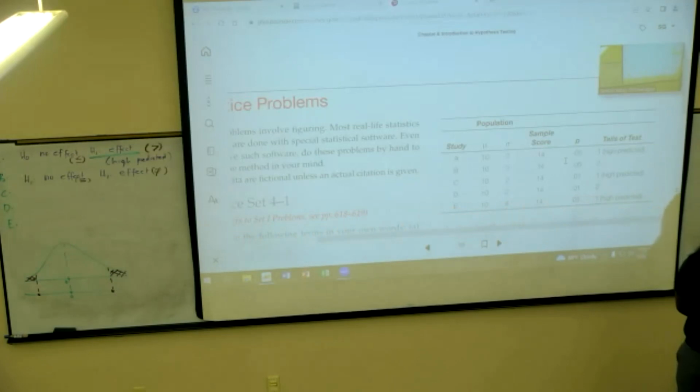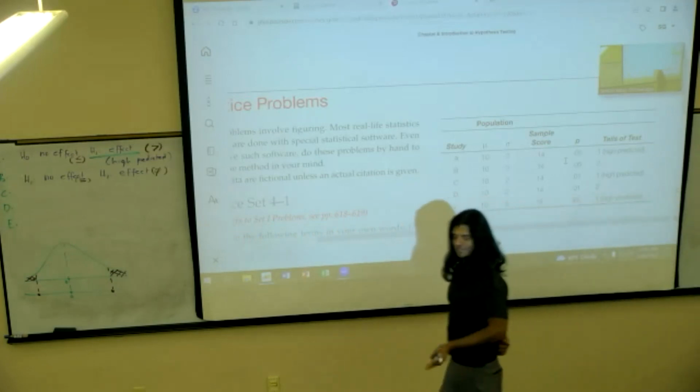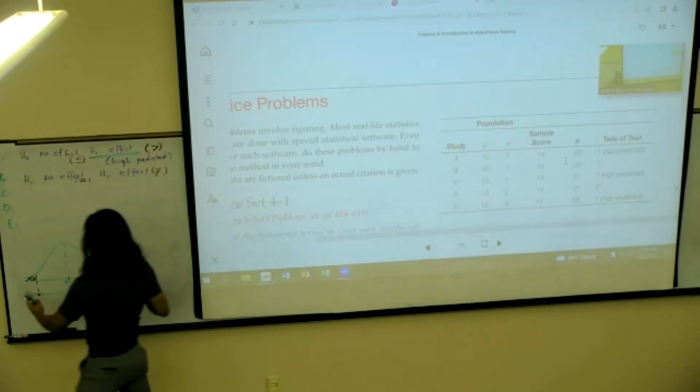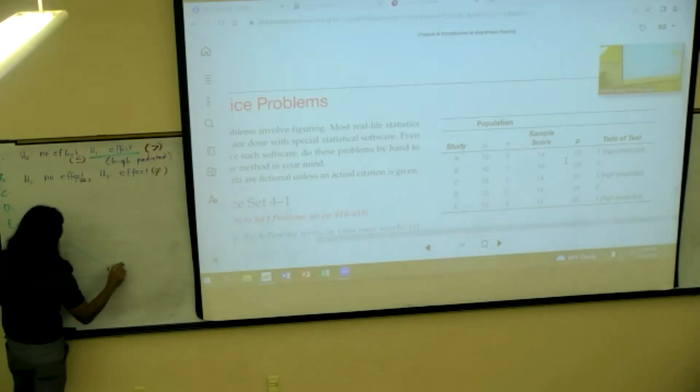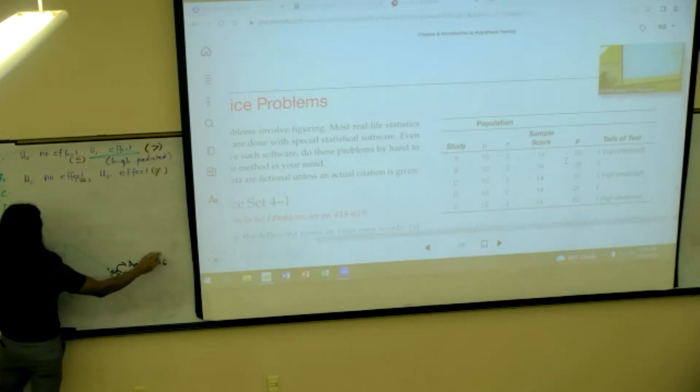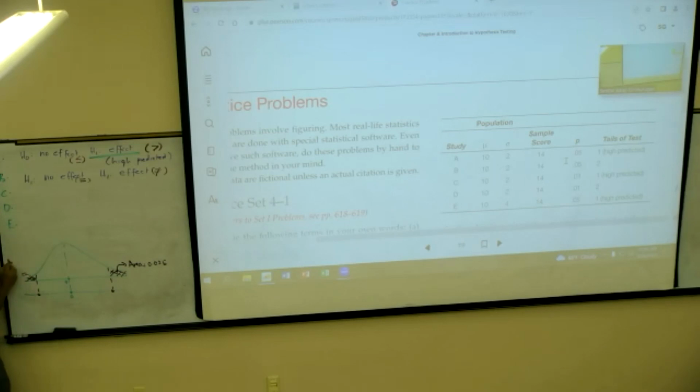Go ahead, Amelia. You have to divide it because you're splitting it? Very good. I have 2 sides, so I have to divide the area. So on this side, it would be 0.025. That side, it would be 0.025. But when I wrote the table, I did the work and I gave you the values.